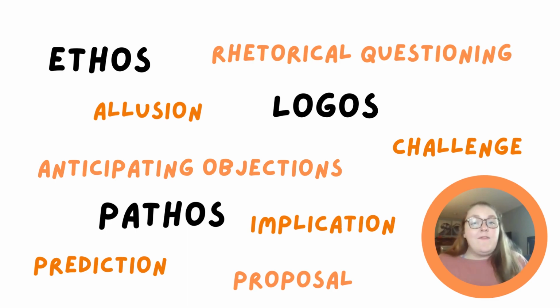That said, I want to be very clear that there are a lot more rhetorical choices that fall into this category, such as asking rhetorical questions, making allusions or references to something outside the text, challenging ideas, anticipating objections, implications, predictions, and proposals. These are all different types of rhetorical choices that fall under that idea of argument and how to approach that argument. But we're specifically going to dig into the rhetorical appeals, ethos, pathos, and logos.